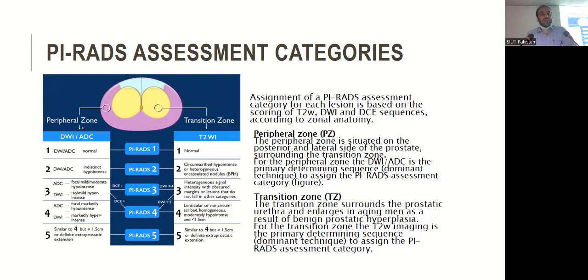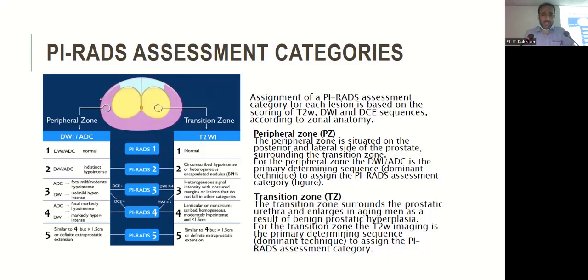In the peripheral zone, diffusion weighted imaging in PI-RADS 1 will be normal. In PI-RADS 2, an indistinct hypointense area will be seen in the peripheral zone on diffusion weighted imaging. In PI-RADS 3, a mild to moderate hypointense area will be seen in the peripheral zone.